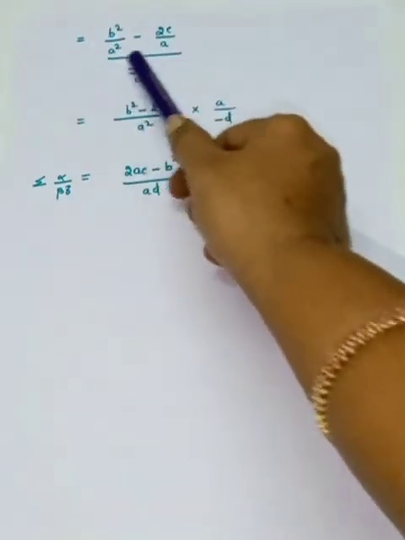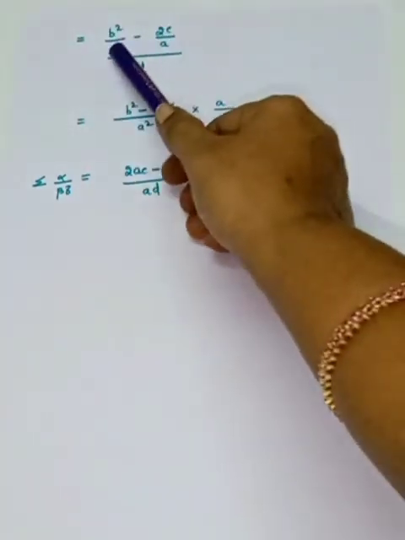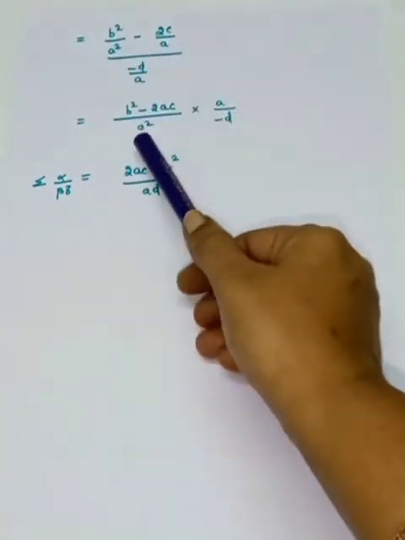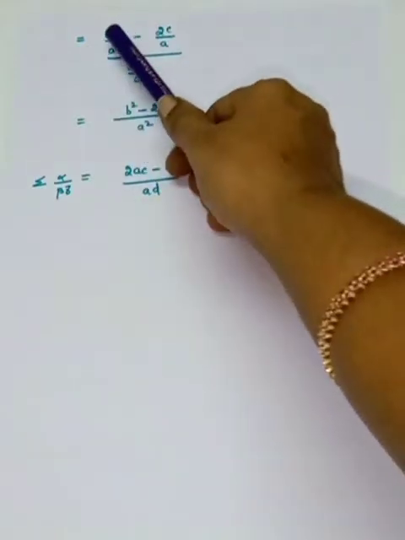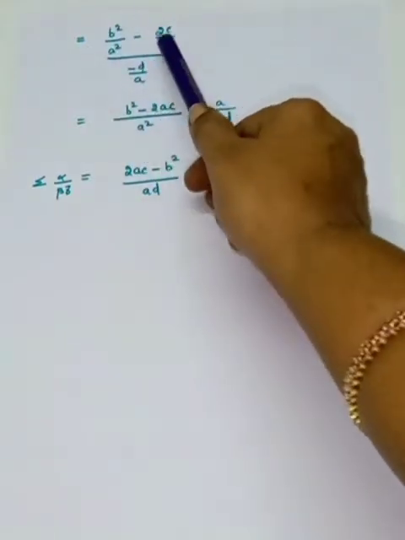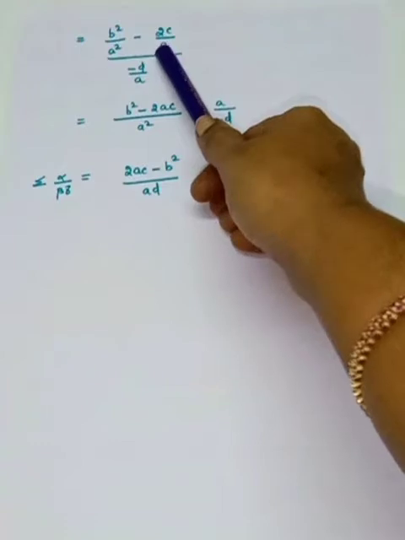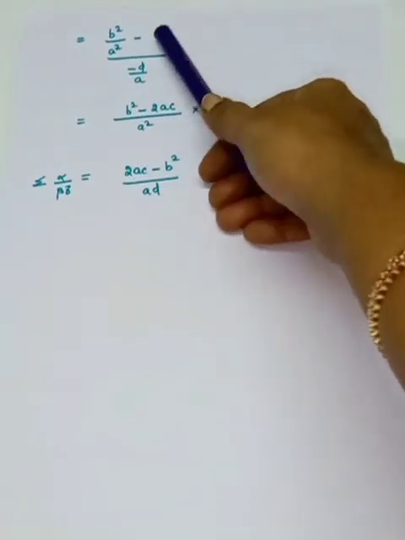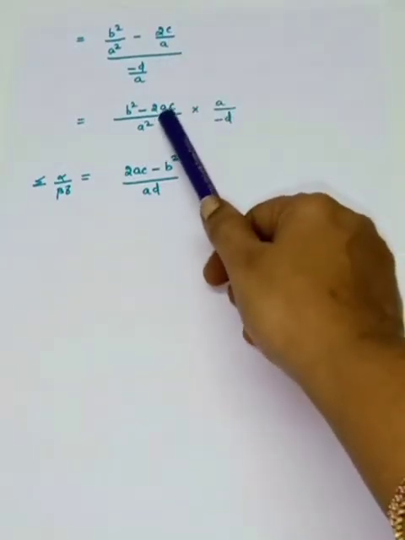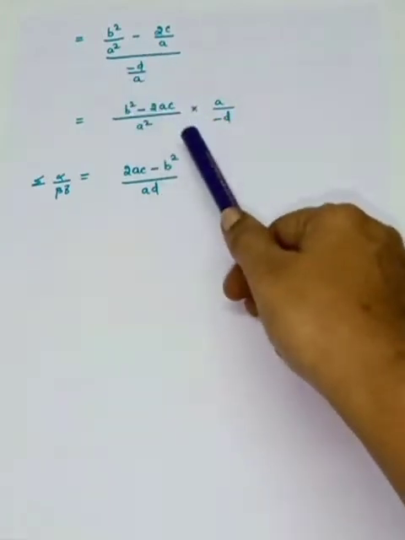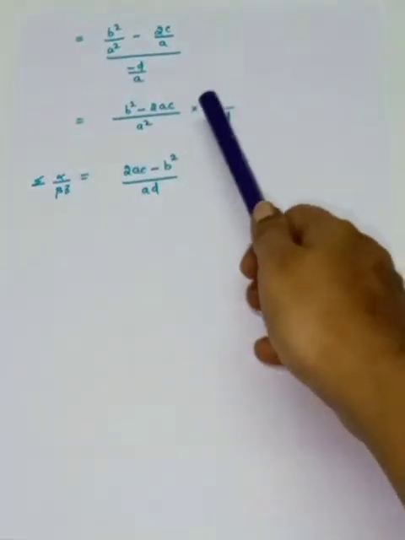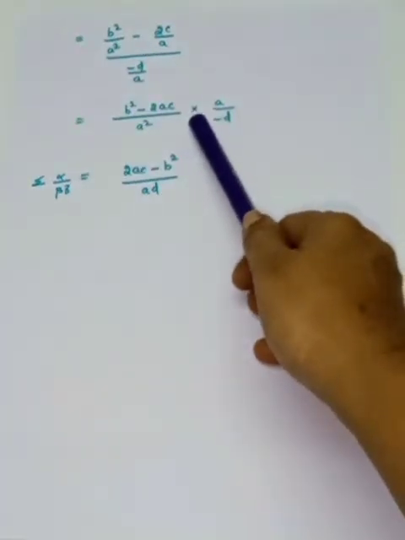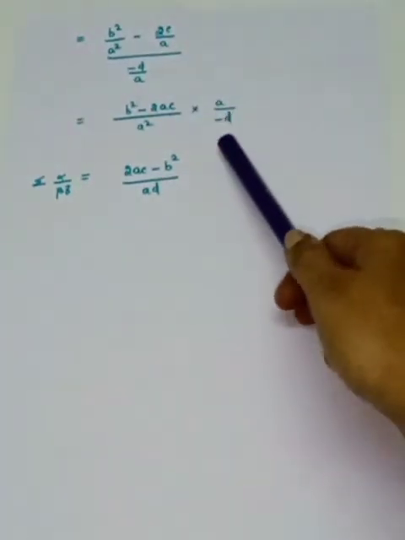So in the numerator, what is the LCM? a squared. So here you will have b square, and here a is there, so the LCM is a square. So the numerator has to be multiplied by a, so minus 2a. The denominator I have taken as the reciprocal, so here I have written multiplication into a by minus d.